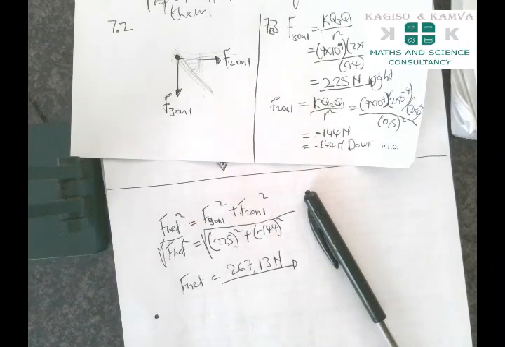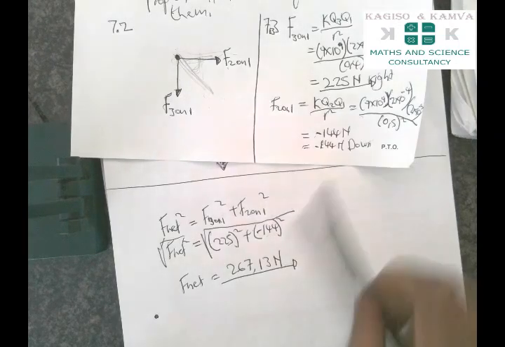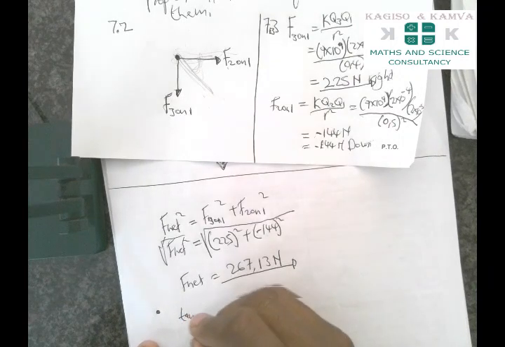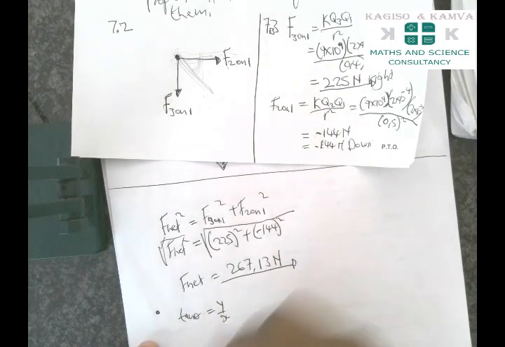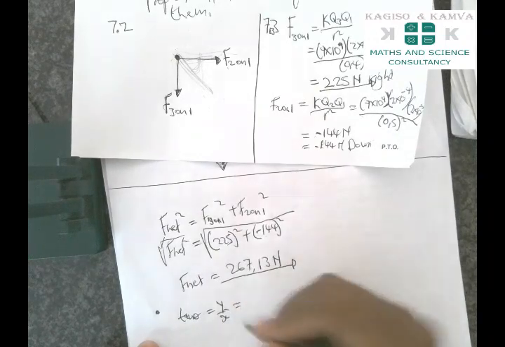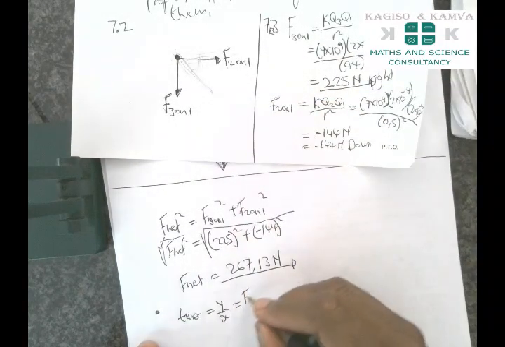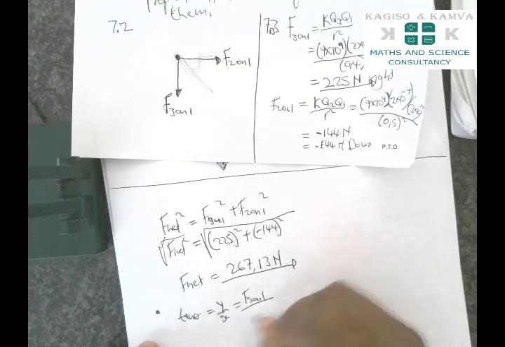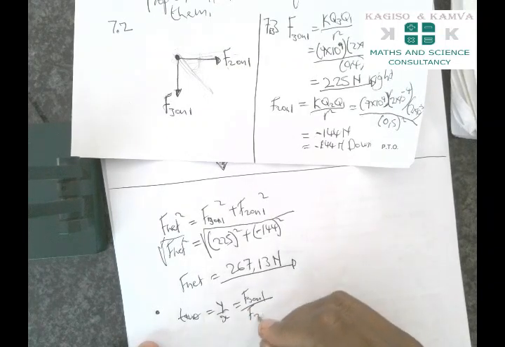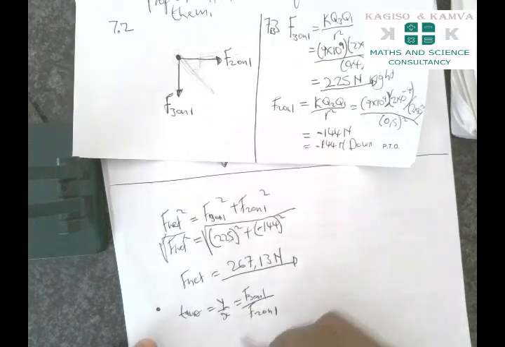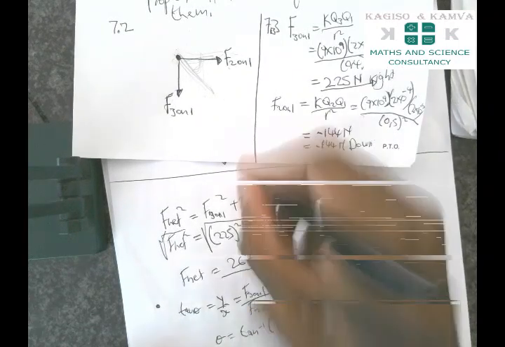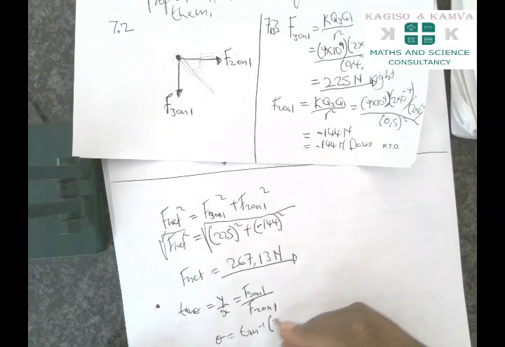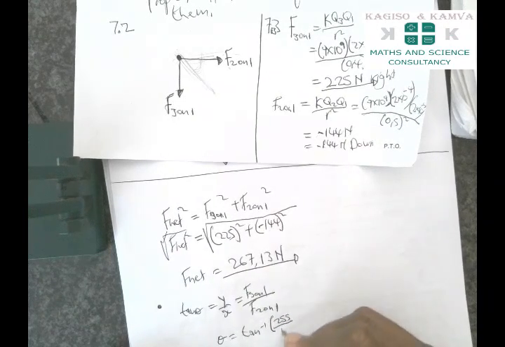So tan theta is equal to y over x. In this case y is F3 on 1 over F2 on 1, so theta is arc tan of 225 over 144.